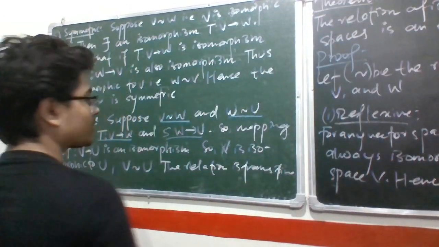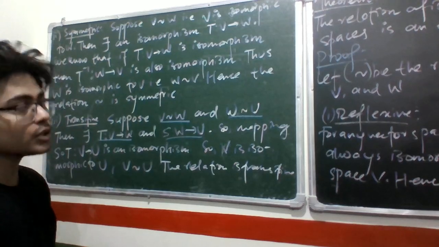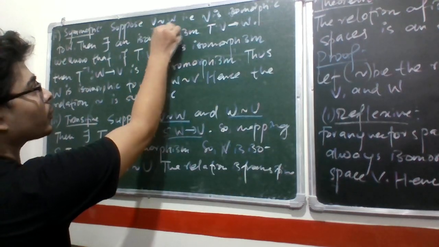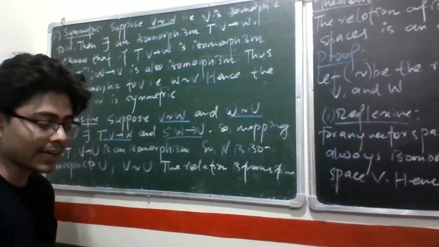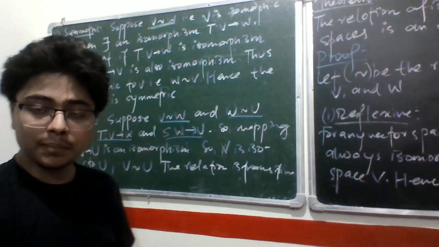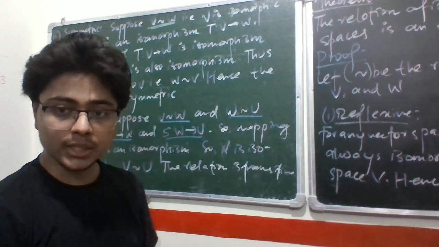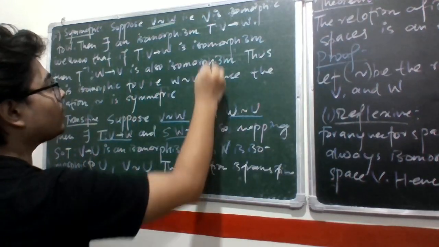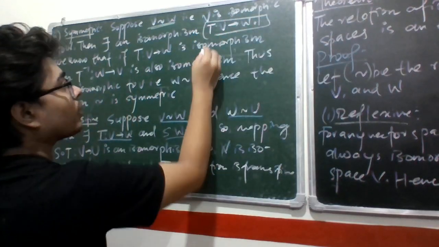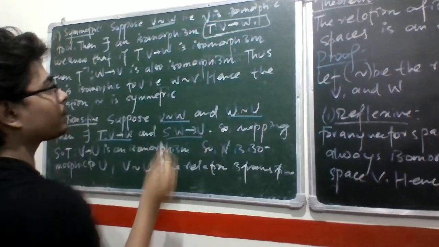Again here we consider similar cases. First we consider the isomorphism between V and W, and if these are isomorphic, that means there exists a transformation between the two vector spaces V and W, which looks like this.